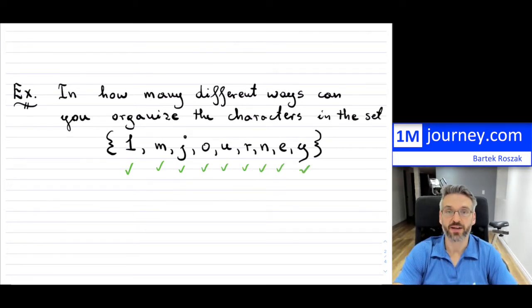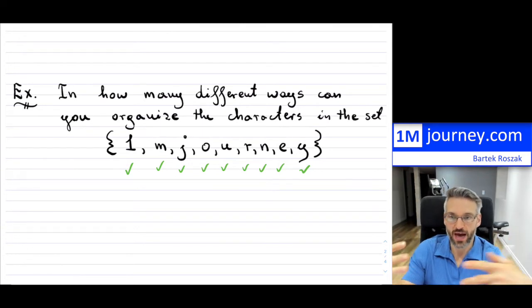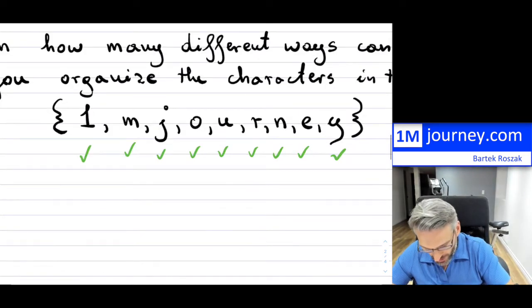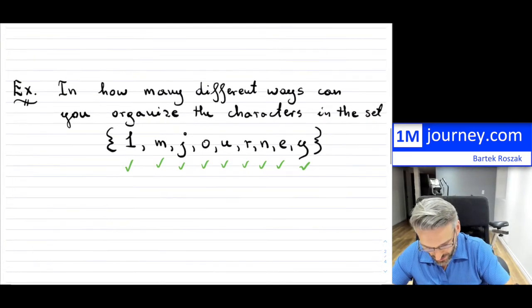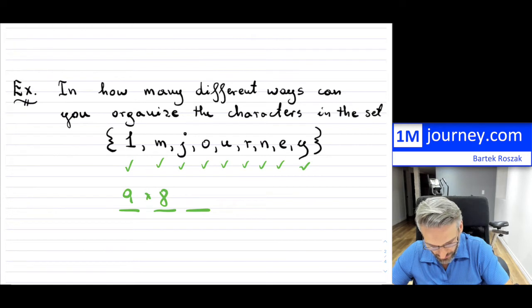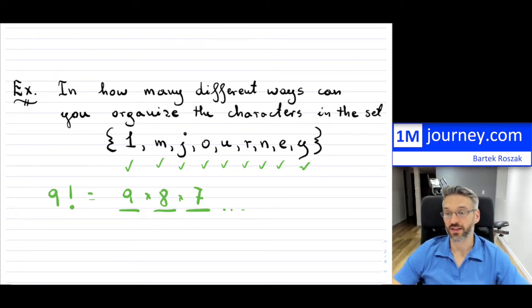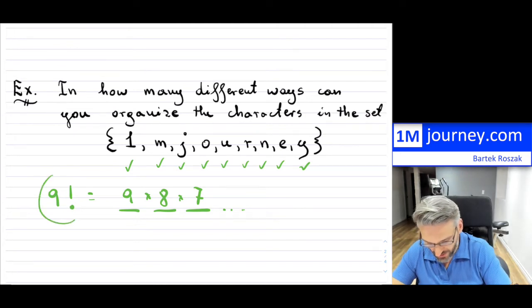As I said, if I wanted to find out in how many different ways I can organize them in a row, instead of going, well, I have 9 of them, so on the first choice I'll have 9, on the second choice I'll have 8, on the third choice I'll have 7, and so on, I can literally just say the answer is 9 factorial. And by the way, very often they'll just leave the answer like this.